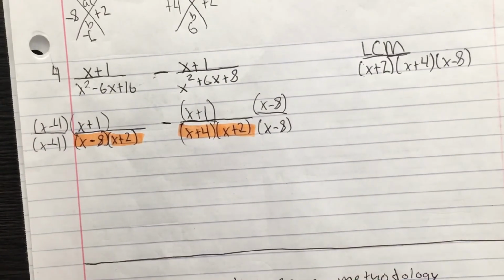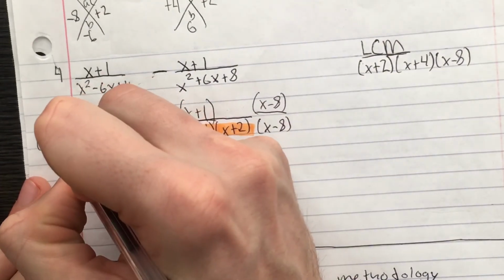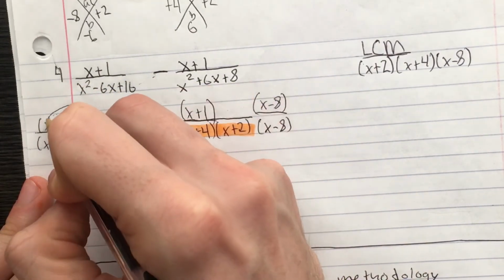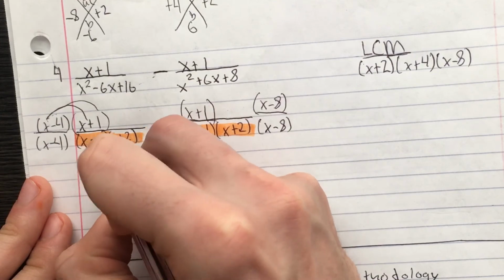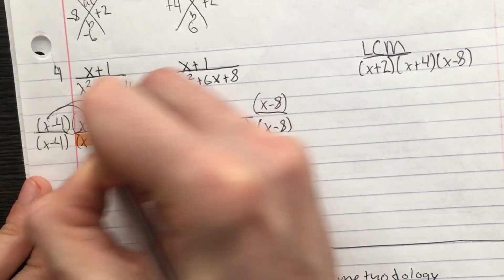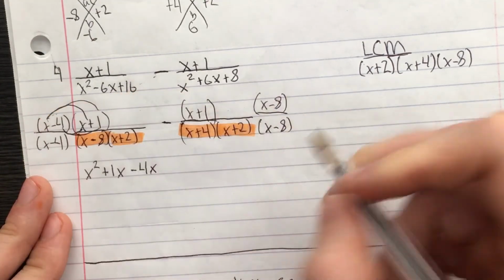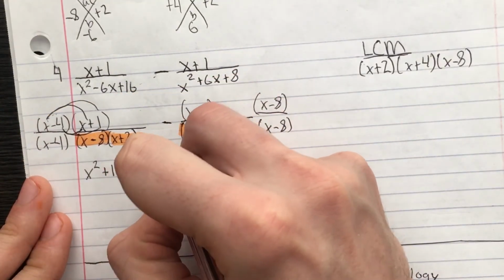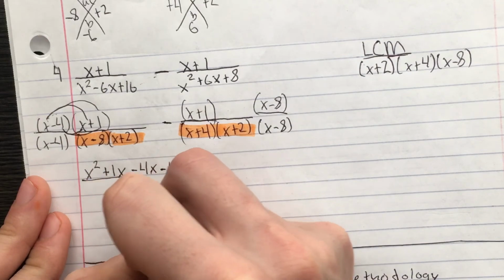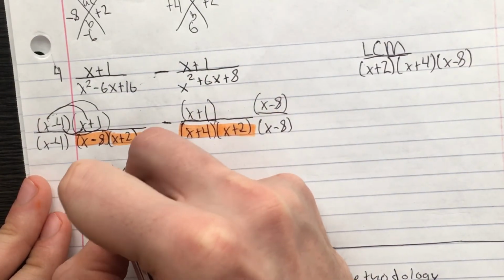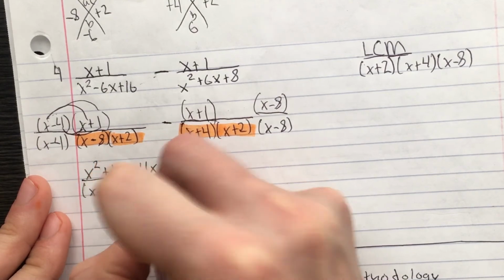So now we've got the x times the x, that's going to give me x squared. X times 1 gives me 1x. Negative 4 times x is minus 4x. Negative 4 times 1 gives me a minus 4. And this is still over our same denominator.